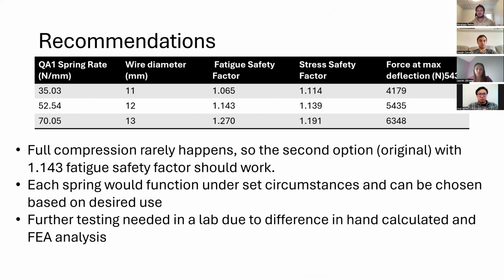You can see the stress safety factors are kind of interesting, because when you go from the 35 spring to the 52 spring, the value goes up, and then it goes up again for the 70. So that just shows the spring would perform better. On the far right, you see the forces also increase as the K value for the spring increases.